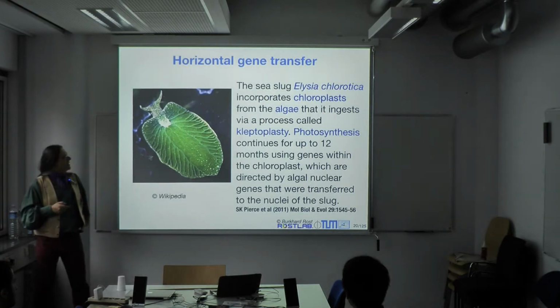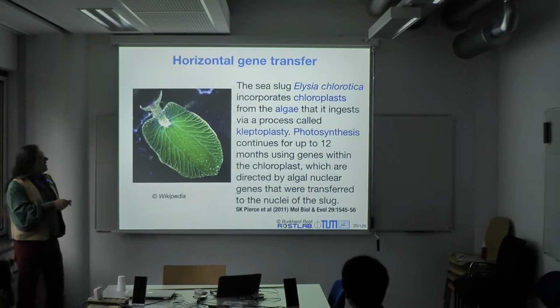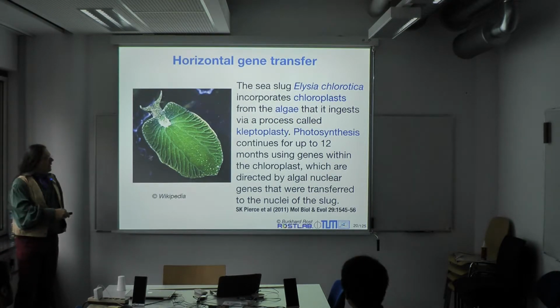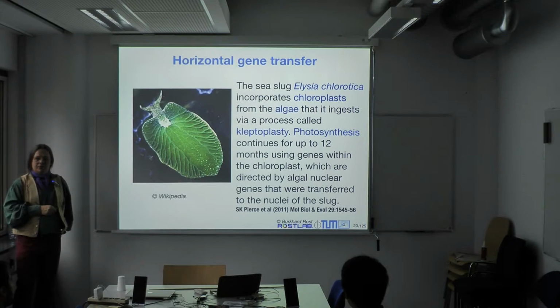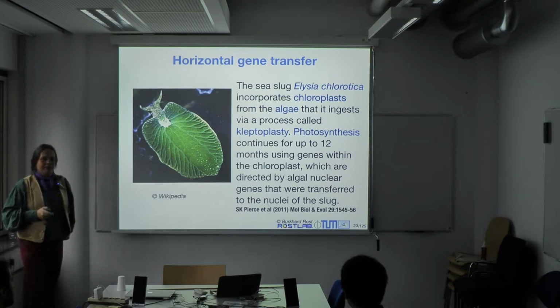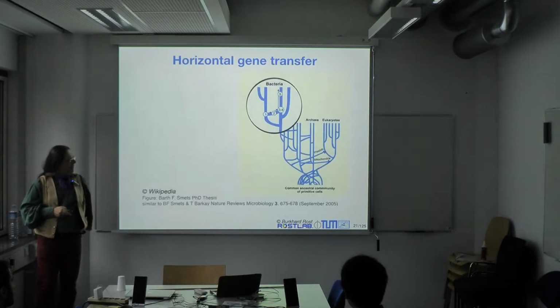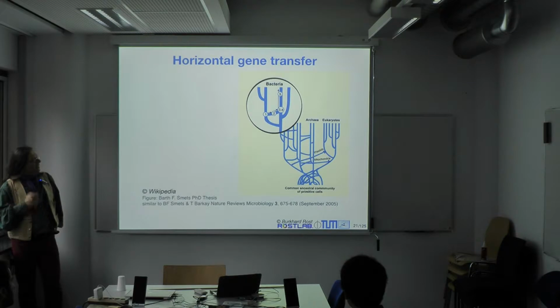Here's an extreme example of that, where the sea slug in fact incorporates chloroplasts from a plant and then actually does photosynthesis for 12 months. So you eat something from a tree and you suddenly grow like a tree. Imagine this. This is typically what happens in nature, and at some point it's just eaten up and used in a different way.